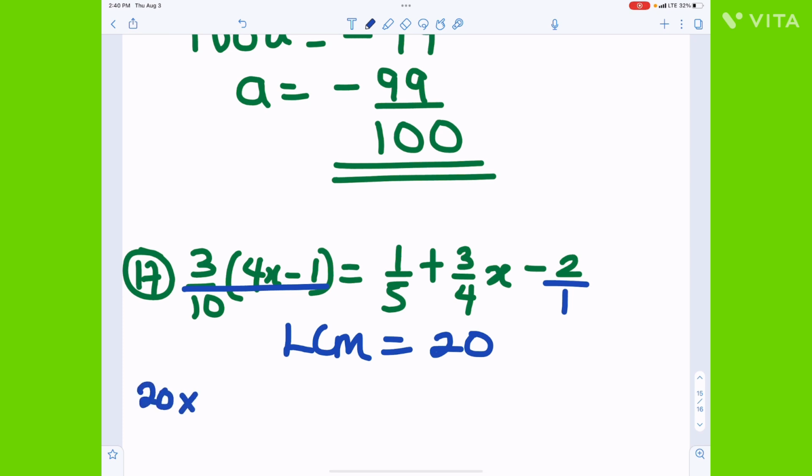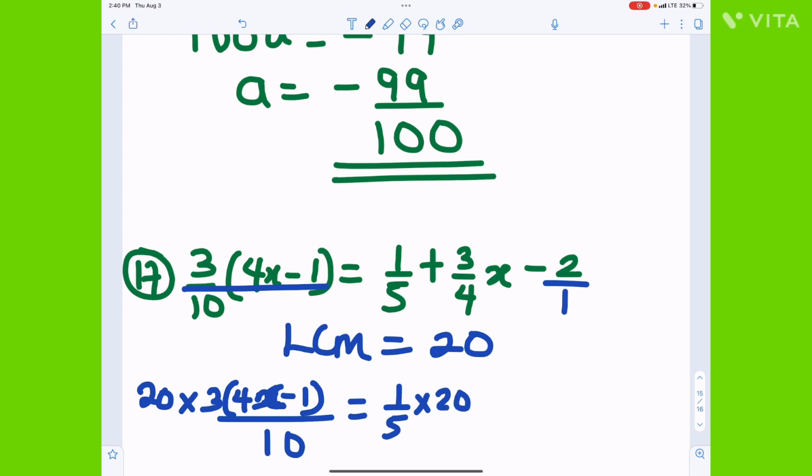That's 20 times 3 times 4x minus 1 over 10. That's my first step. Is equal to 1 over 5 times 20 plus 3 over 4x times 20 minus 2 over 1 times 20.